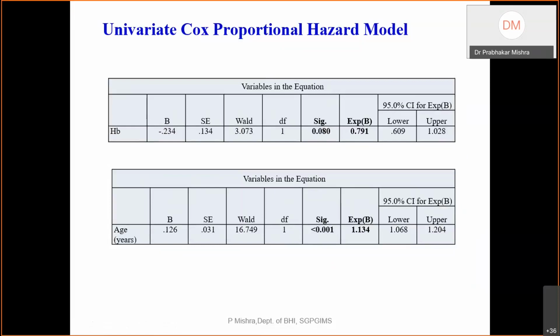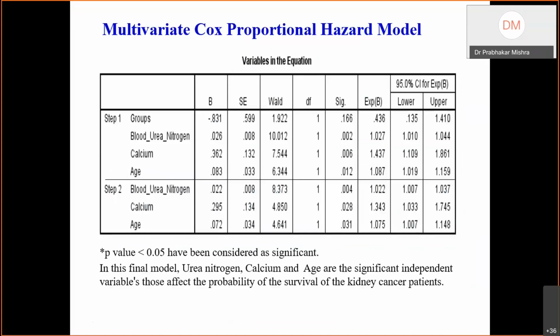Next we need to test these variables in multivariate analysis to find the independent predictors of survival time. There are various methods to test in a multivariate model, and when we use backward, like in logistic regression, finally blood urea nitrogen, calcium, and age, all three variables, are coming significant, while in the earlier model when all four were included, this was coming insignificant.